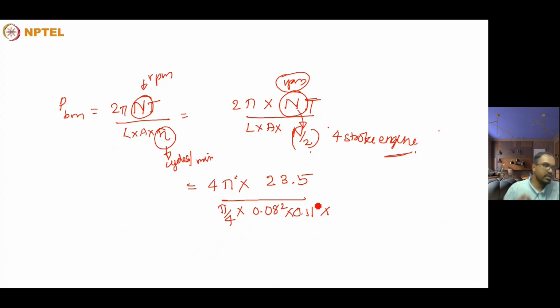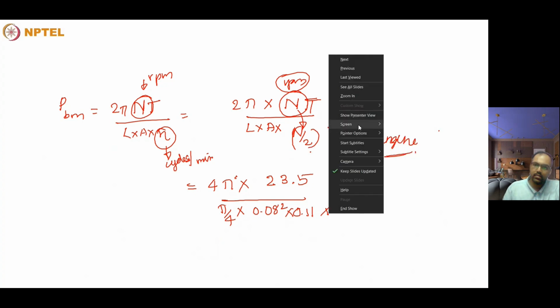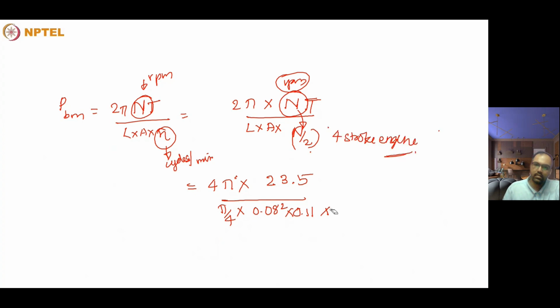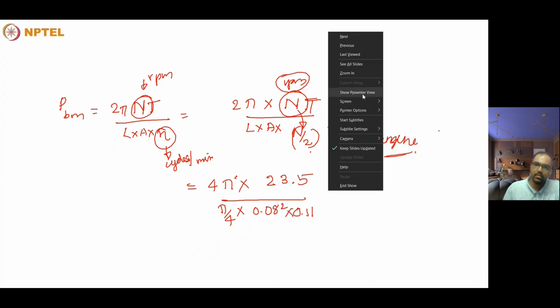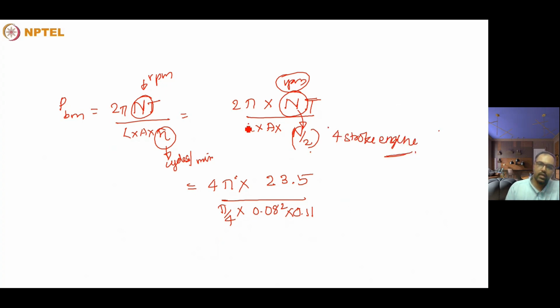We have already taken into account the RPM and number of cycles per second in this problem. So it will be coming around 16 pi into 23.5 divided by pi into 0.08 squared into 0.11.